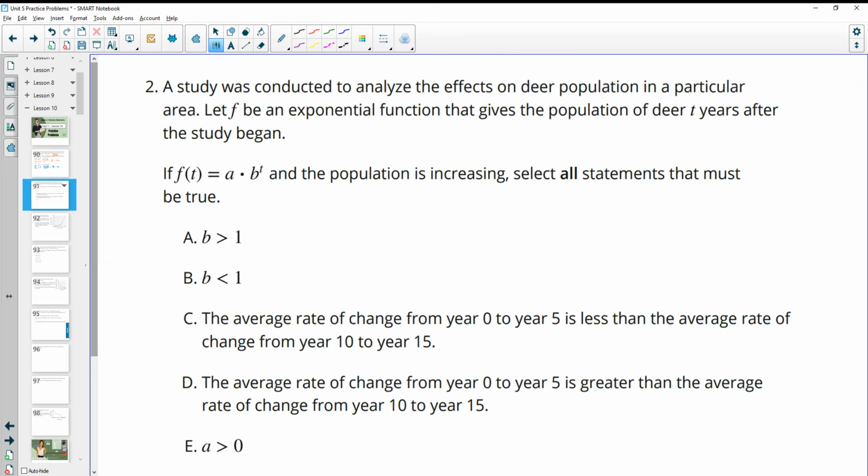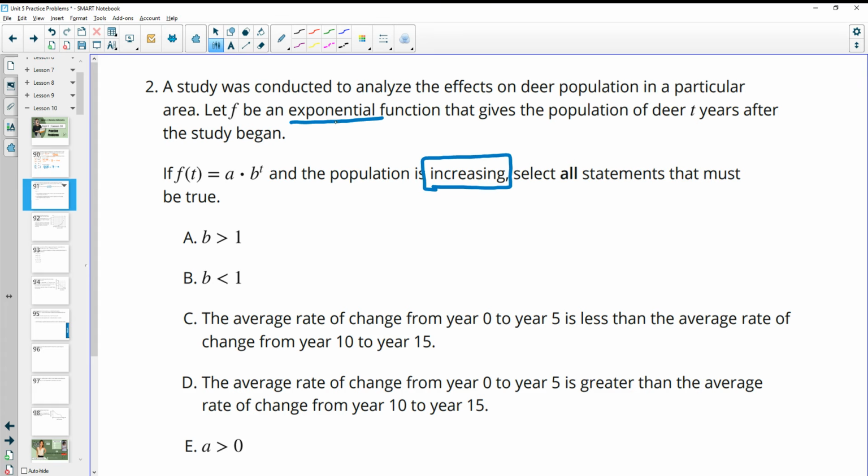Number 2, a study was conducted to analyze the effects on deer population in a particular area. Let F be an exponential function that gives the population of deer T years after the study began. If F of T equals A times B to the T, and the population is increasing, select all statements that must be true.